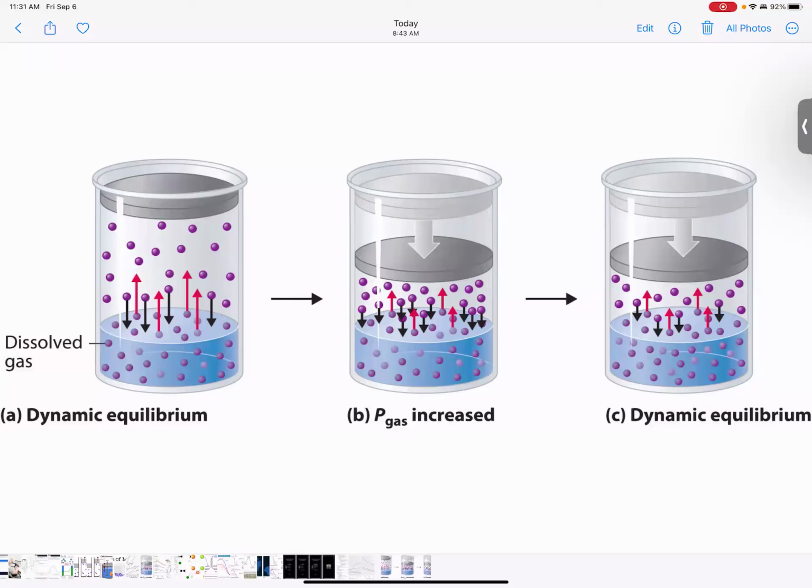If you want to increase the concentration of the gas in solution, you put the gas under pressure. Placing the gas under pressure is going to initially drive more gas into solution until it establishes dynamic equilibrium again.